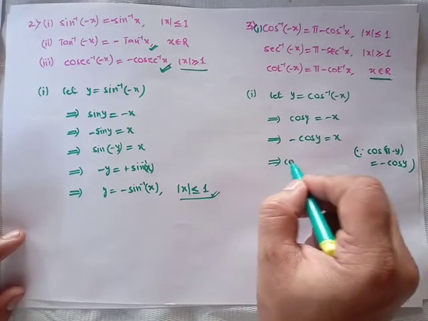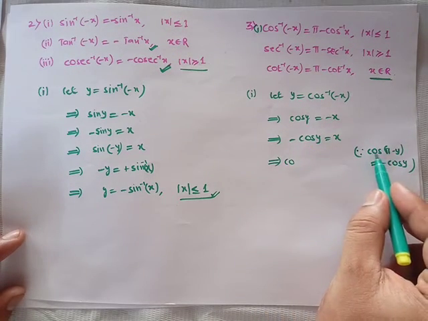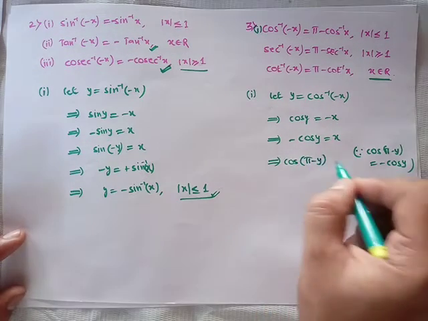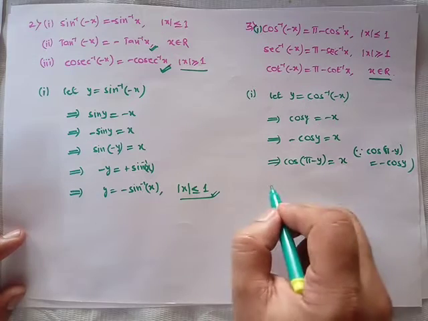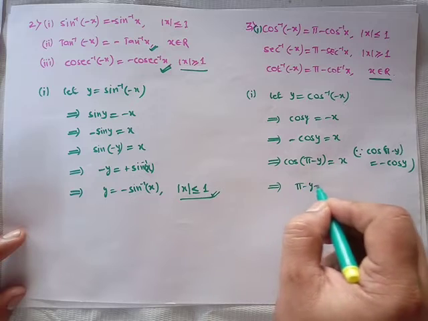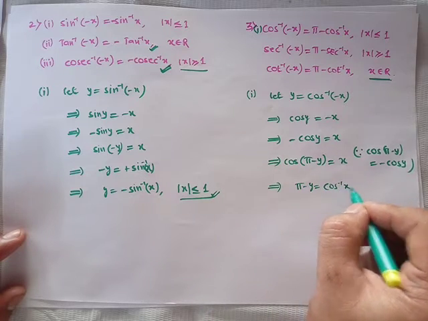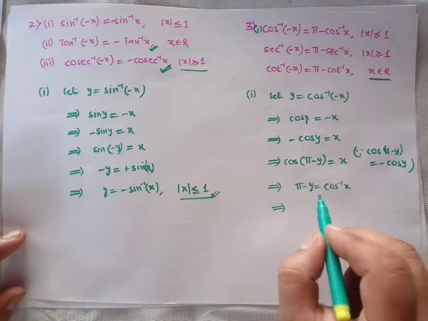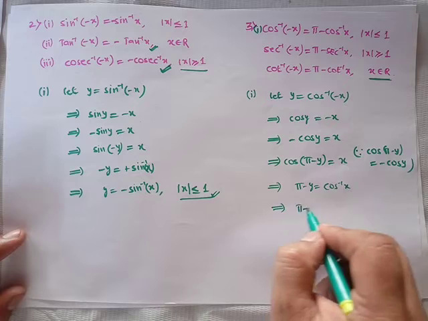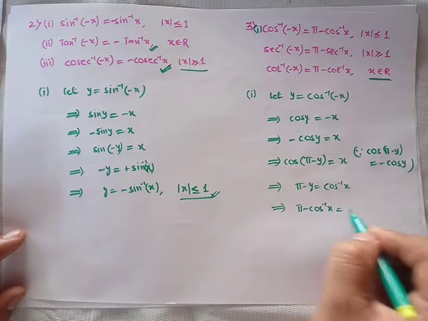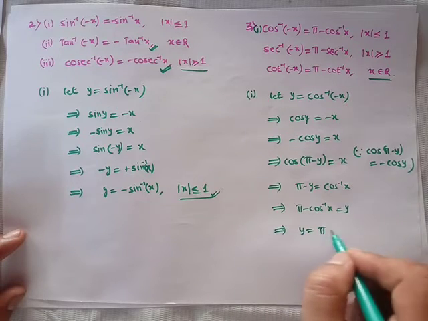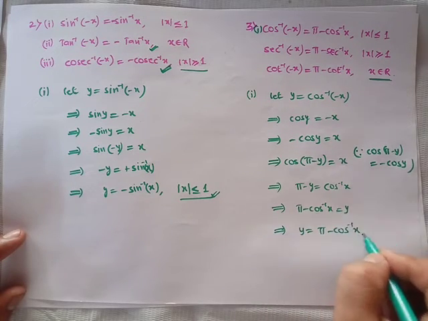So rewriting the same statement here, minus cos y can be written as cos of pi minus y. So cos of pi minus y is equal to x. Now send this cos to the right hand side, pi minus y is equal to cos inverse of x. This implies, now send this y to the right hand side and cos inverse to the left hand side, pi minus cos inverse of x is equal to y. So y is equal to pi minus cos inverse of x.